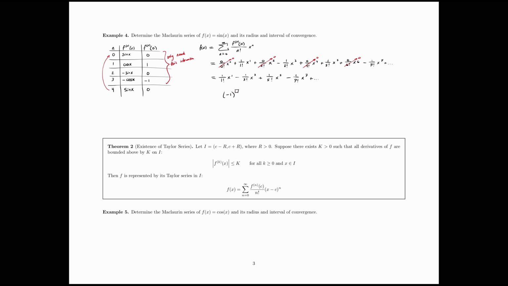We start with a positive 1, so we need some number that when we raise negative 1 to it, we get a positive number. A negative multiplied by itself an even number of times gives a positive 1. So we want to start with an even number and have it increase by 1 each time. We're starting at n equals 0, and 0 is an even number, so a natural choice would be negative 1 to the n.